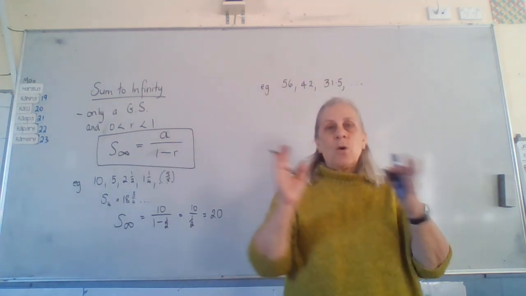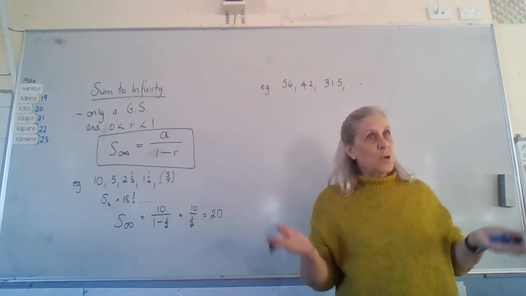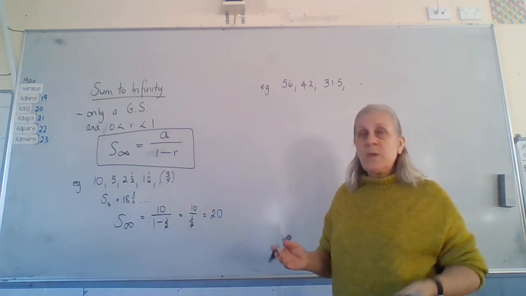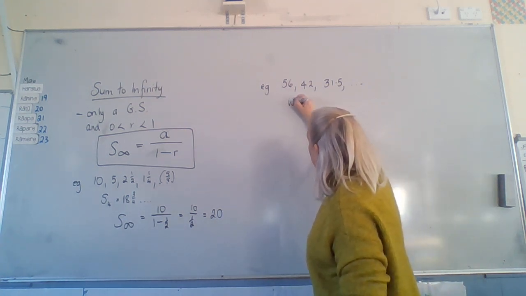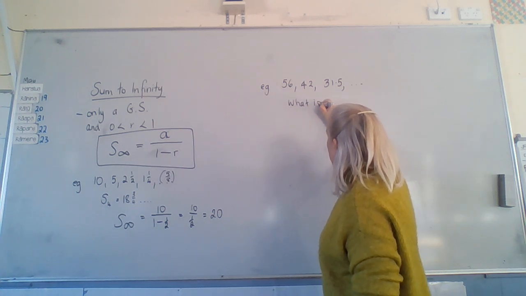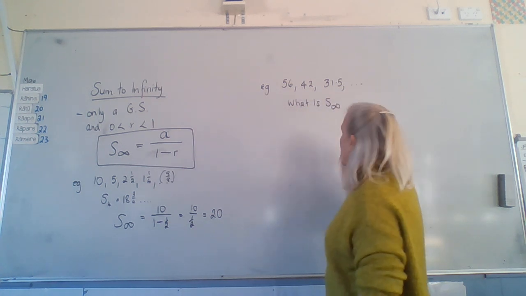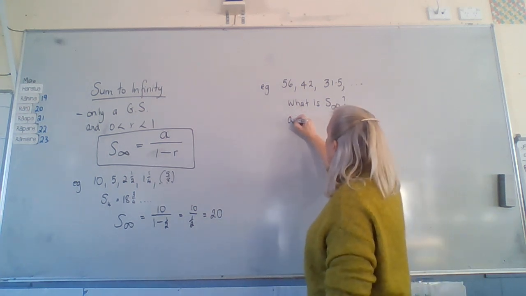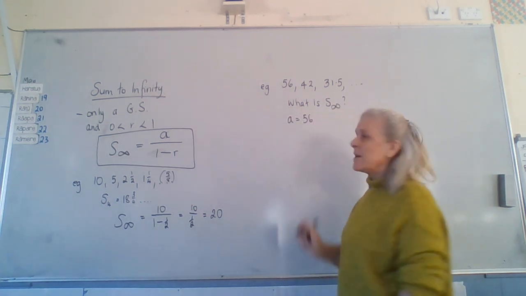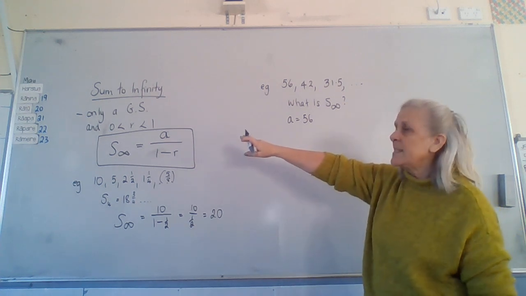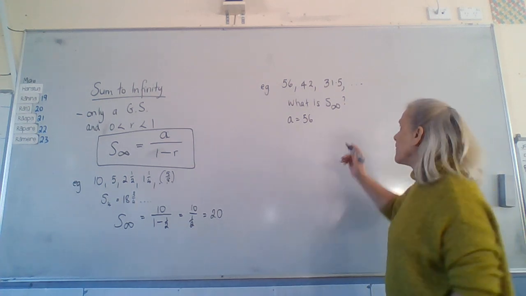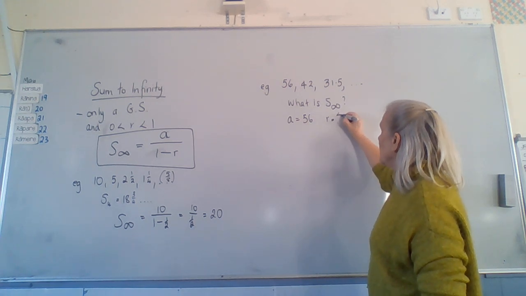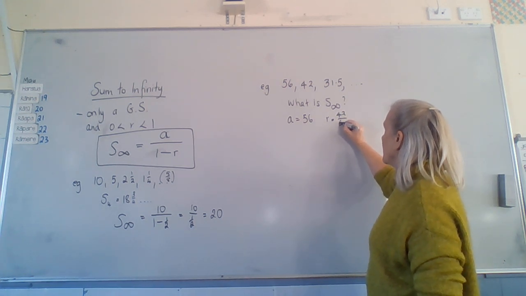So if this was our sequence, and that's all we'd been given, and we have to find the sum to infinity, the first thing we have to do is find A. So A equals 56. Next thing we have to do is find R to test that it's between 0 and 1, or a fraction. So to find R, we use one term divided by the next one.